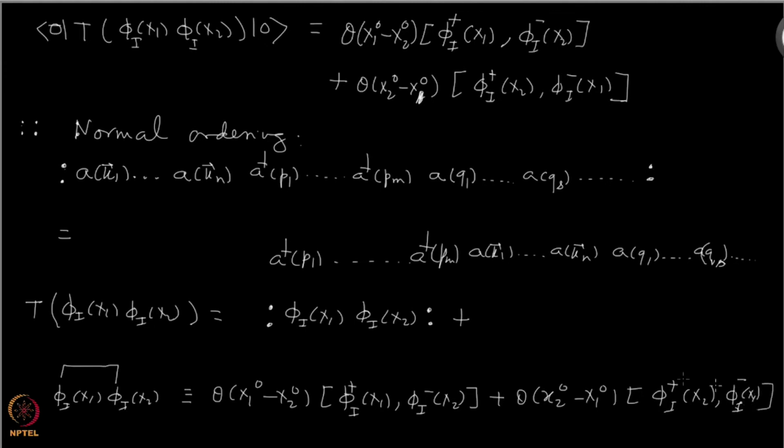So the time ordered product is the normal ordered product plus the contraction of these two, and that's the result that I have proved.